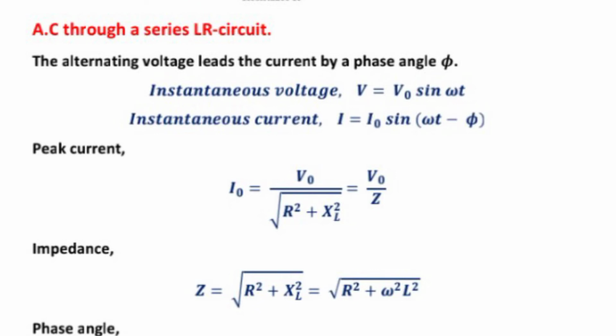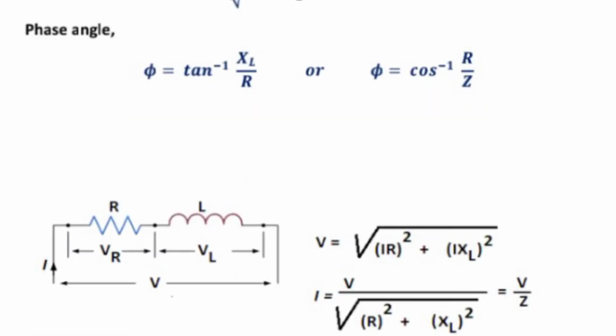Peak value I0 equal to V0 upon under root R square plus XL square, or V0 upon Z. Impedance Z equal to under root R square plus XL square, or it can be written as under root R square plus omega square L square. Phase angle phi equal to tan inverse XL upon R, or phi equal to cos inverse R upon Z.